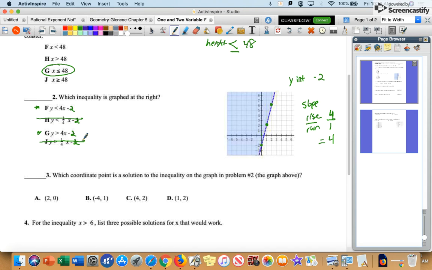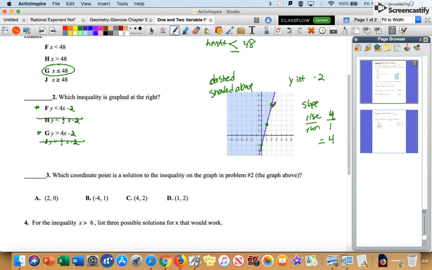All right, so then let's look at our line. Notice it's a dashed line. So dash means it's not equal to. So dashed line, it's not equal to, which makes sense. None of our options have an equal to part of it. It's always less than or greater than. And shaded above this line, kind of above and to the left, but the shading is above.